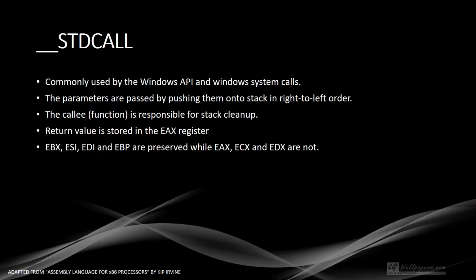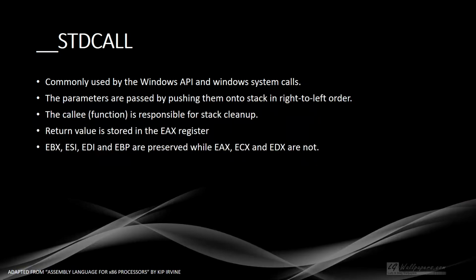Alright, so stdcall is very common in the Win API, the Windows API, and the Windows system calls. Anytime you disassemble code in Windows, and if that code uses the Windows API, you will see stdcall a lot in the disassembly, and by that you should know that it uses the stdcall convention.